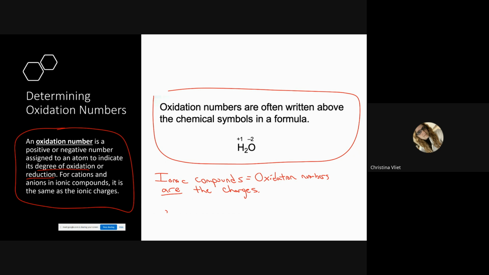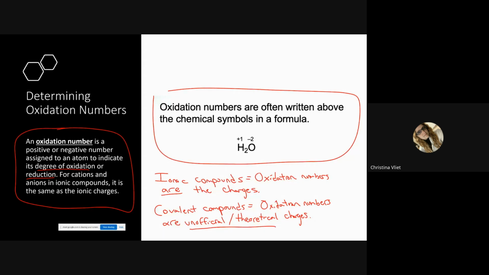And for covalent compounds, which we're now going to expand to, oxidation numbers are unofficial or theoretical charges. You should write that down.